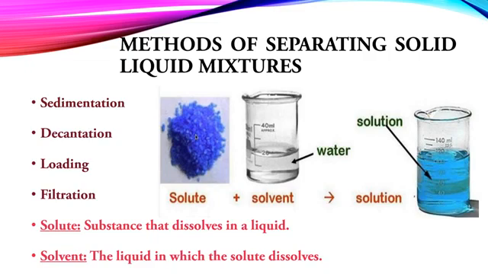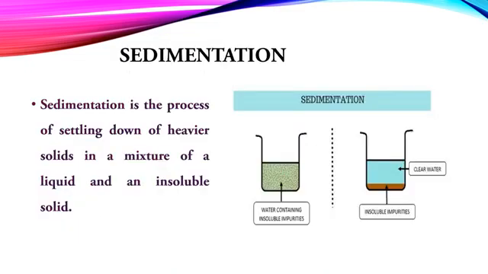Insoluble substances that are heavier than the liquid are separated by sedimentation and decantation or by filtration. Sedimentation is the process of settling down of heavy solids in a mixture of a liquid and an insoluble solid.